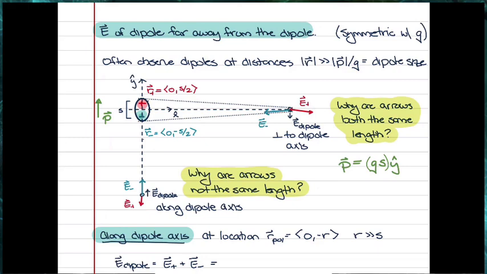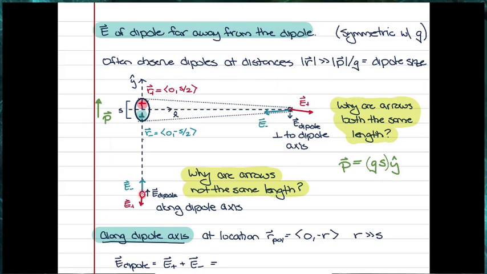And so, in this case, when you add the vectors together, the horizontal components cancel, and you're left entirely with a vertical component that seems to be pointing downward, or anti-parallel to the dipole moment. The dipole moment points up, but the electric field over here seems to point in the opposite direction, because the electric field lines are doing this.